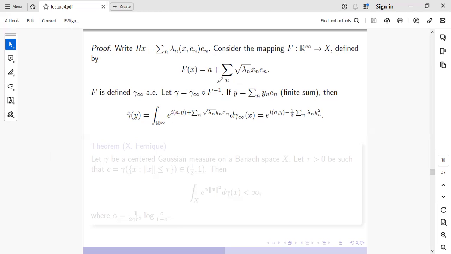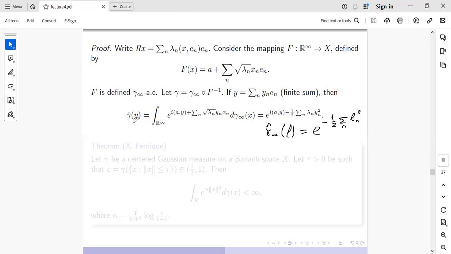And recall the Fourier transform of gamma infinity, which is e minus 1/2 sum of lambda n squared. So it is defined for all L, which have only finite number of non-zero components.